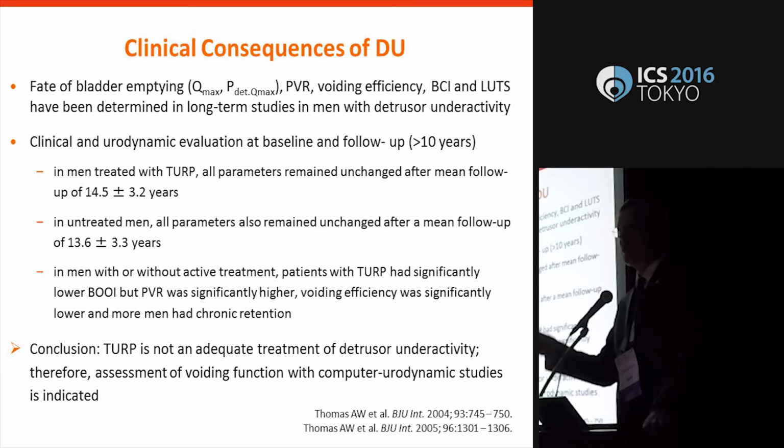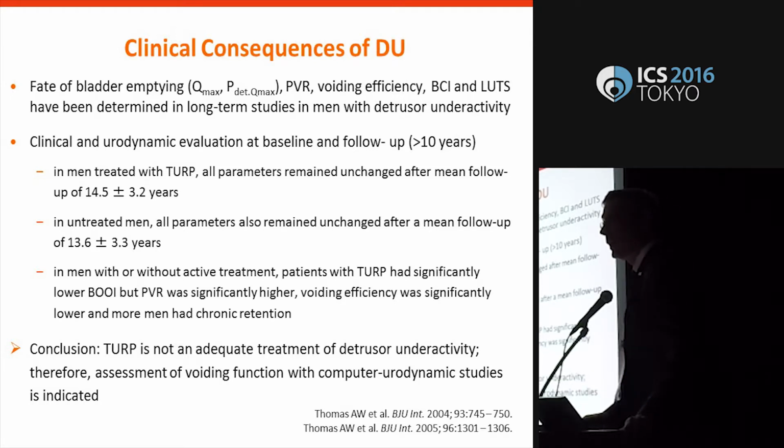So the men who received TURP did even worse than the patients who were handled by conservative management, watchful waiting. The conclusion of the article was that TURP is an inadequate treatment for detrusor underactivity, and in doubt you should do a computer urodynamic investigation if you have a patient you would like to resect and it's doubtful.